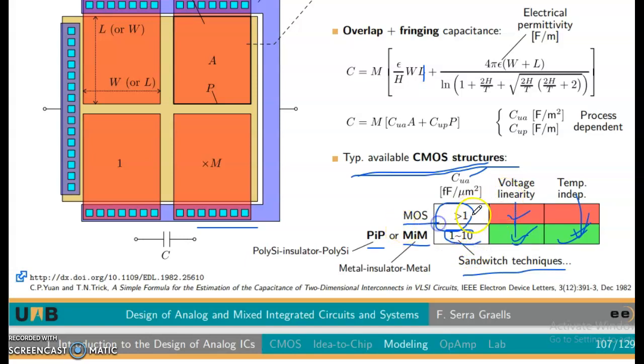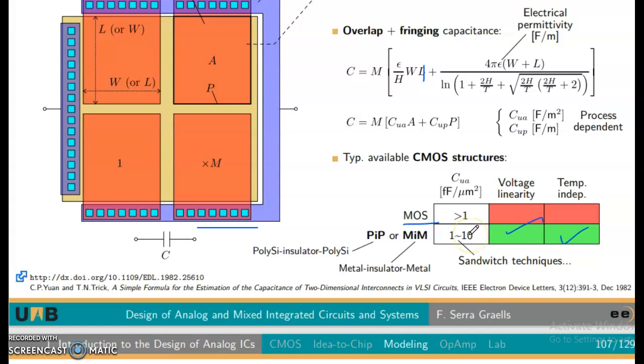In MOS, voltage linearity is not green and temperature independence is not green. For PIP and MIM this is acceptable: temperature independence and voltage linearity are all applicable.